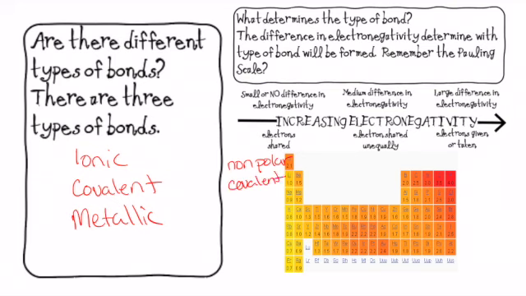When there's a medium difference, the electrons are shared but not equally, so this is a polar covalent. And if there is a large difference, the electrons are given or taken away, and this is ionic bonds.